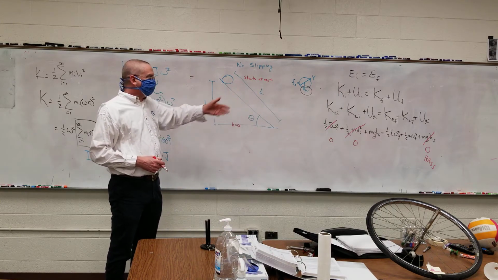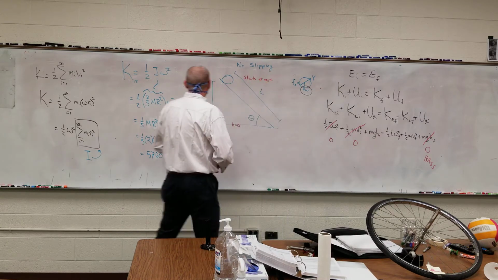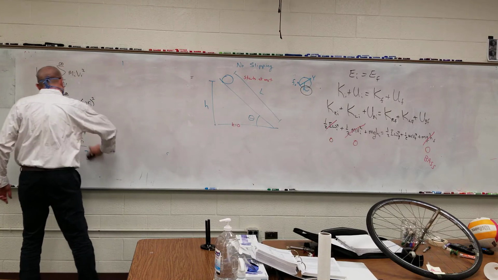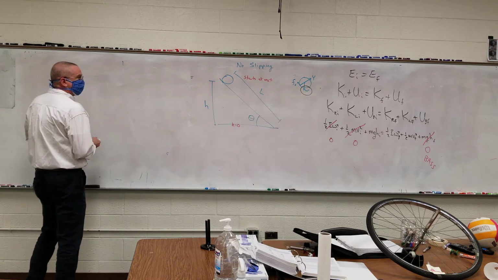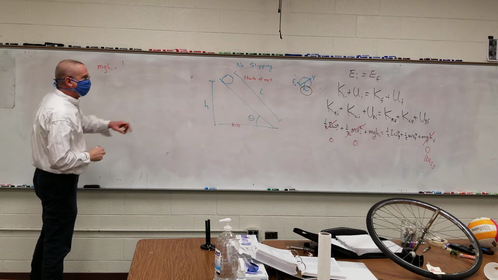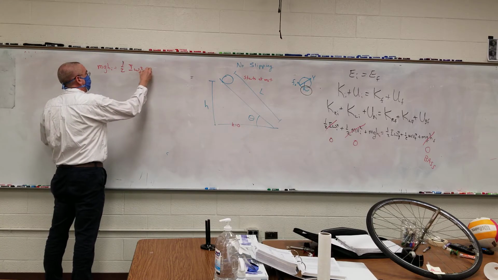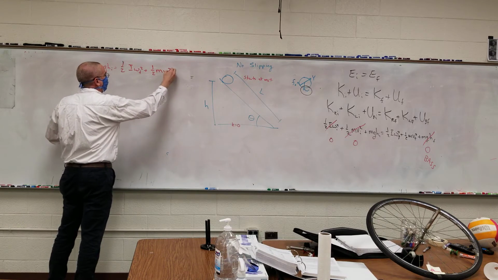It does look simpler, so let's rewrite what we have and see what to do next to make it simpler, because Amy still wants to get rid of mass. So m g h initial equals one-half I omega final squared plus one-half m v final squared.